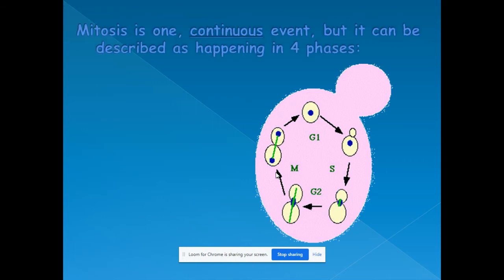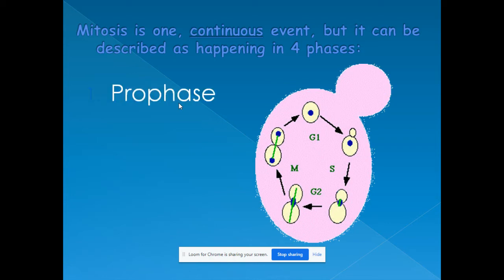Oh, here I have a slide that kind of summarizes all the stages of the cell cycle. So mitosis is only one continuous event, but it can be described as happening in 4 different phases. Just another thing that's very important: mitosis is part of the cell cycle. So interphase, that happens before mitosis, is not part of mitosis. Okay.